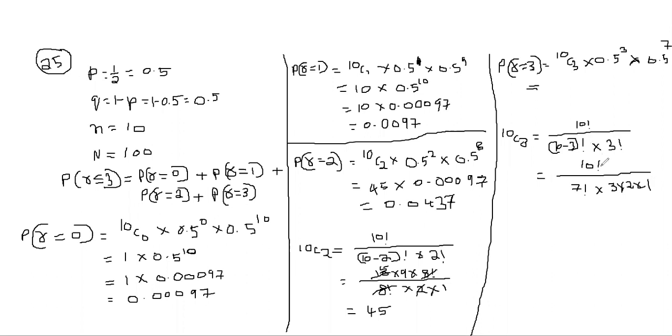In the numerator, I'll expand up to 7 factorial: 10 into 9 into 8 into 7 factorial. 7 factorial cancels. 3 and 3, 2 and 5, 5 into 3 is 15, and 15 into 8 is 120.